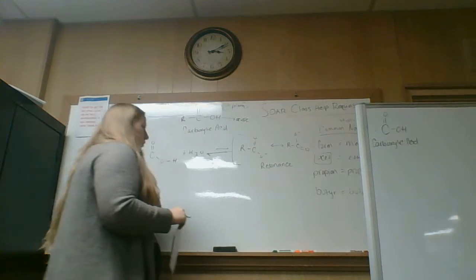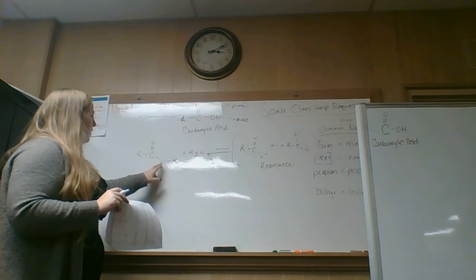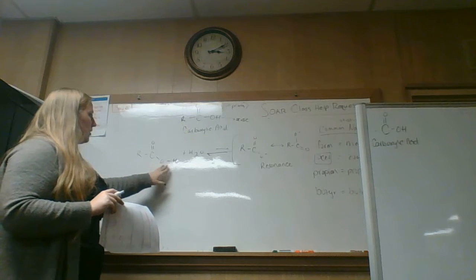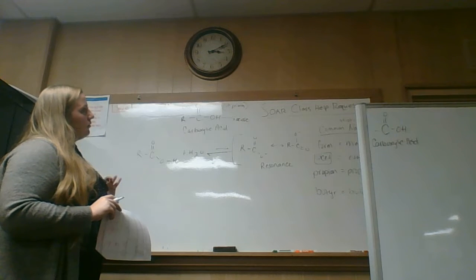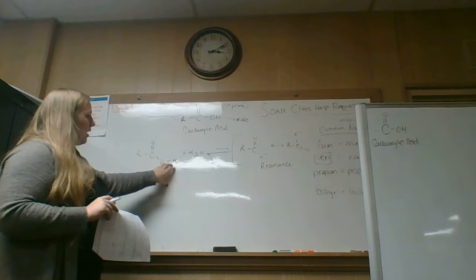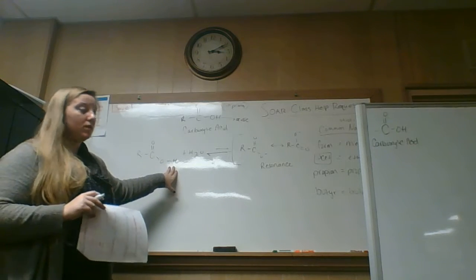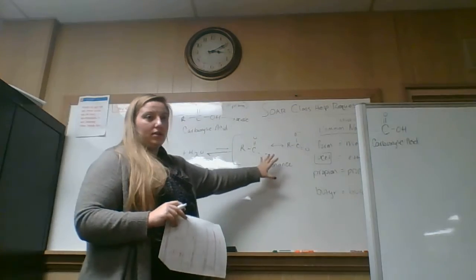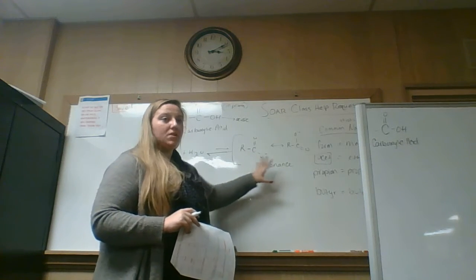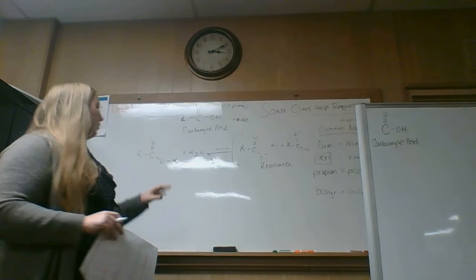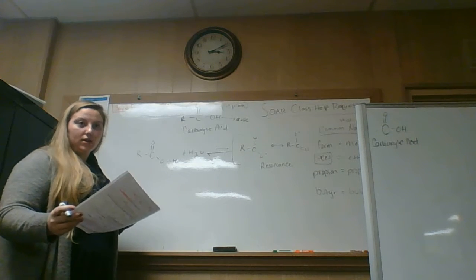The reason it is so favorable for the hydrogen to be pulled off, for this to be deprotonated, is because you can have resonance. So this is a very stable state because the electrons can move, so that makes it easier to pull off the hydrogen, in a sense.